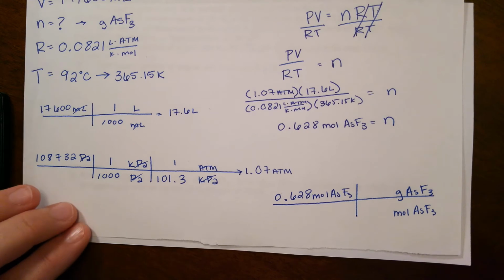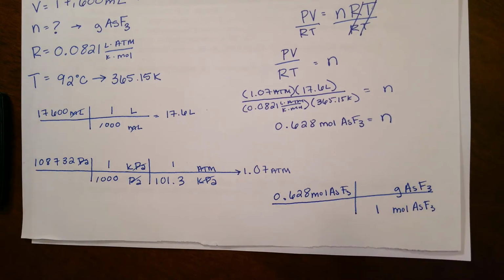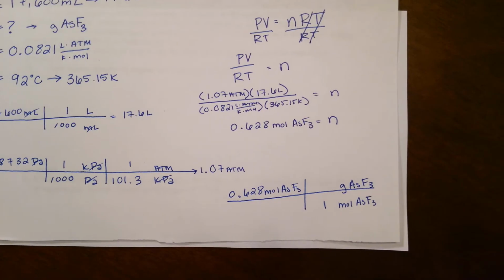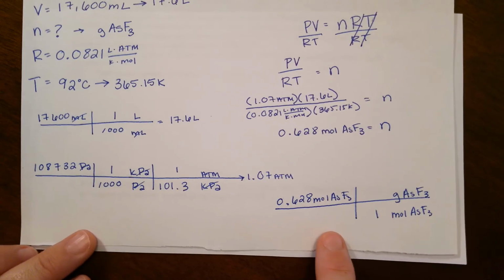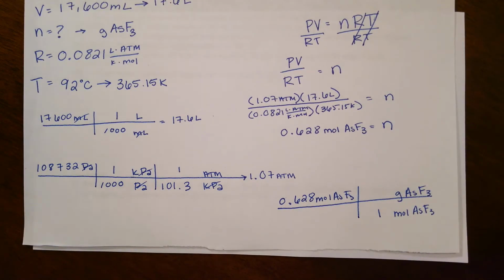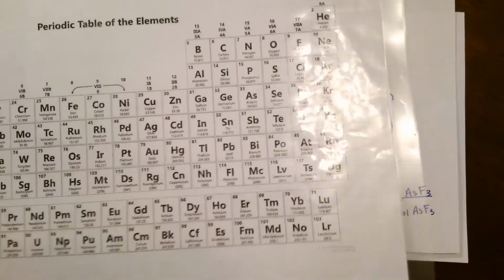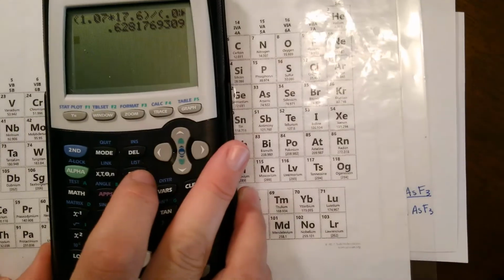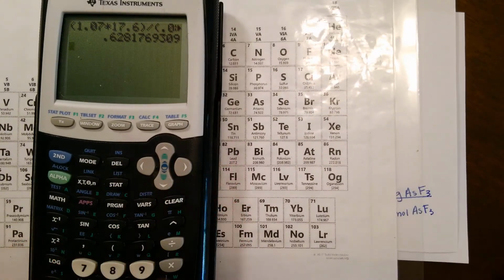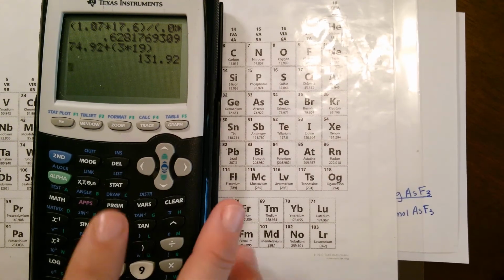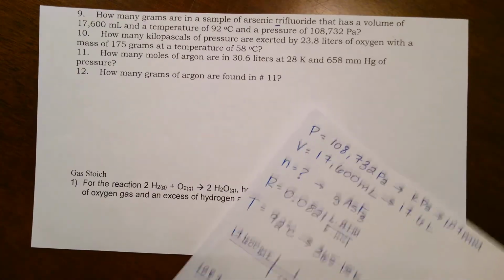Anytime you go moles to grams, moles always gets a 1. So let's find the molar mass of arsenic trifluoride. So there's arsenic, so we're going to say 74.92 plus, there's 3 fluorines times 19. So 131.92.